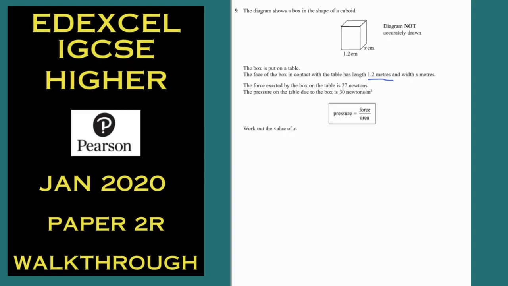So the way I went about this is I wanted to stick with meters, so I simply changed. So 1 centimetre is 0.01. So that's 0.012 meters. So it says work out the value of x. X is linked to the area.